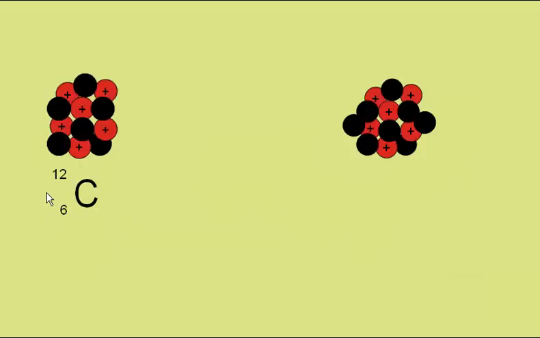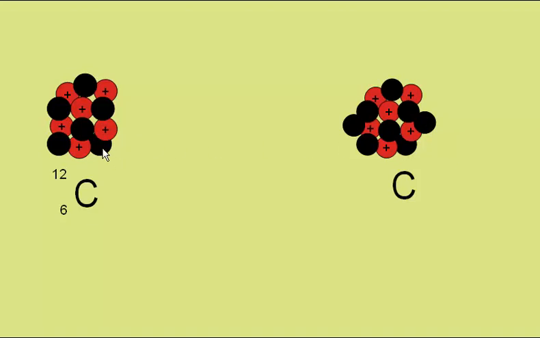Here's the nucleus of carbon we met previously, and here we have another nucleus. This has got 1, 2, 3, 4, 5, 6 protons, the same as this one. So it must also be carbon. But this has got 1, 2, 3, 4, 5, 6, 7, 8 neutrons, and so it's not quite the same as this one.